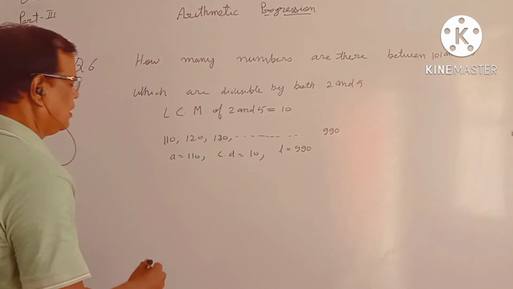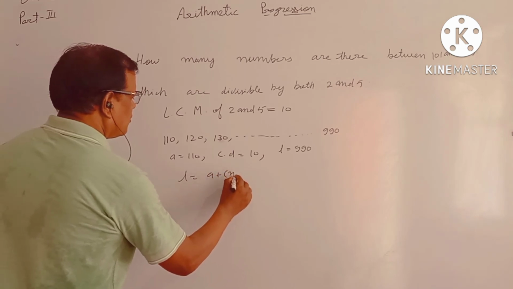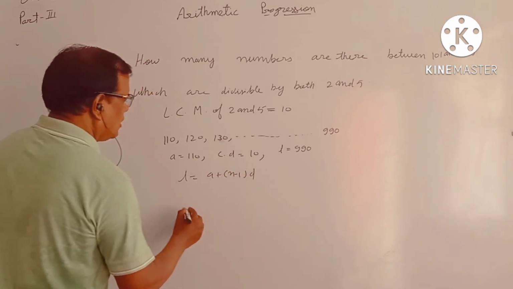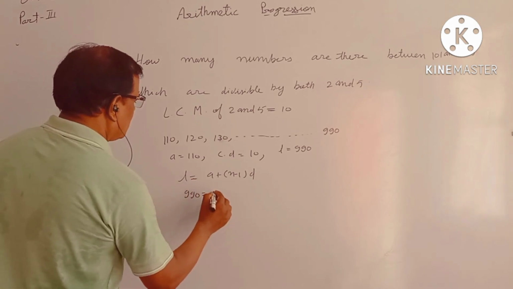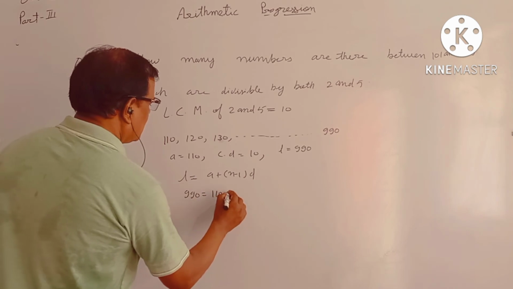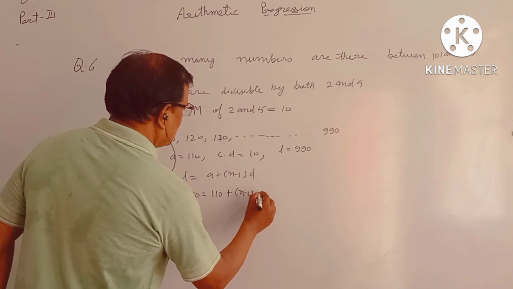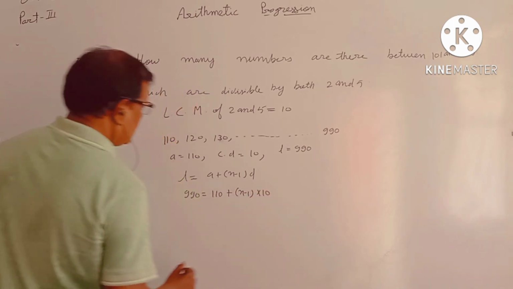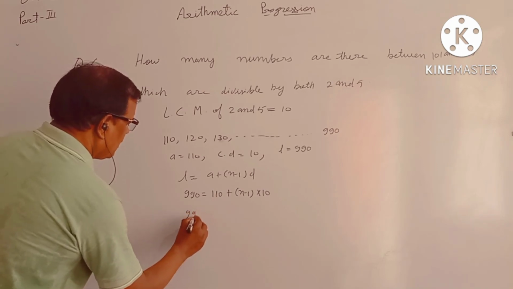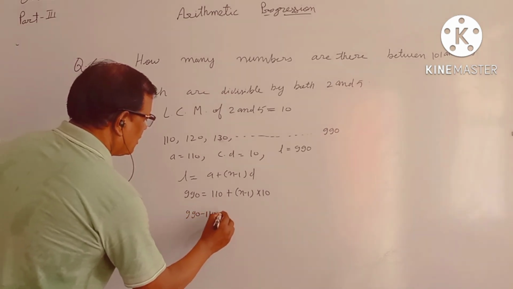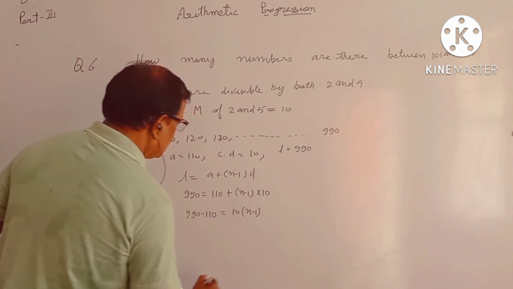As we know, L equals A plus (n minus 1) into D. So we transpose 110 to the left: 990 minus 110 equals 10 into (n minus 1).